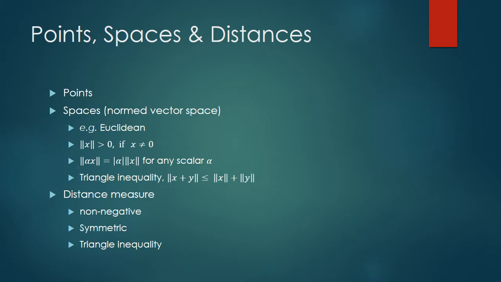The lines, the rotations, the angles are well preserved as we change it around. More specifically, this is the formal definition of a normed vector space. But in terms of a distance measure, what is important, and this overlaps with the definition of a normed vector space, is that it's non-negative.